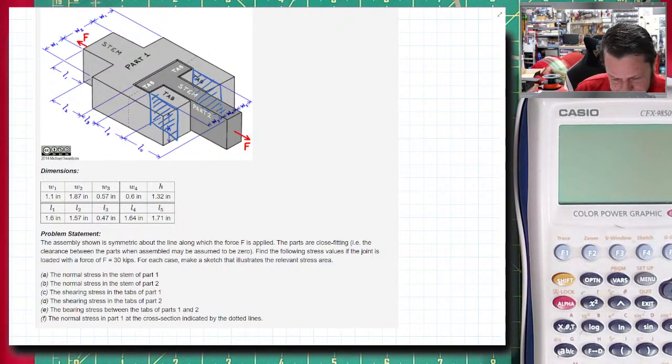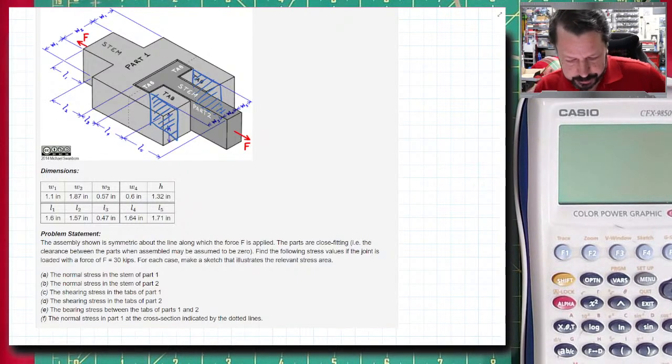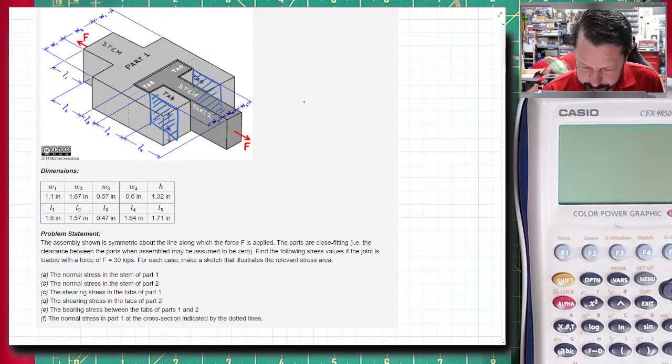It's going to be kind of clumsy to draw this maybe. Let's just sketch it out over here a little bit. We don't need to spend a whole lot of time trying to make it perfect.